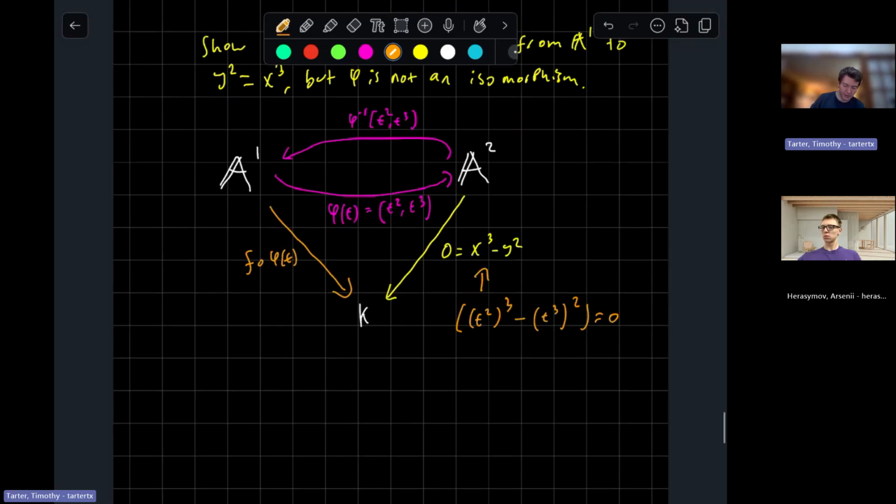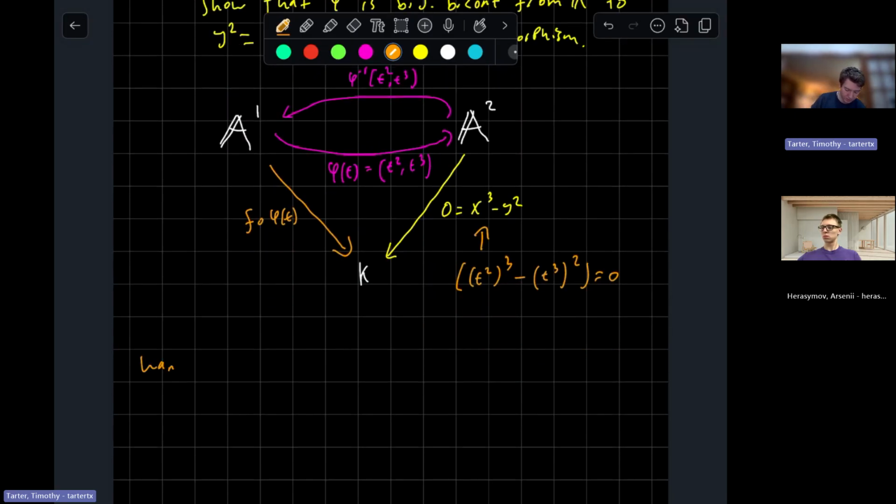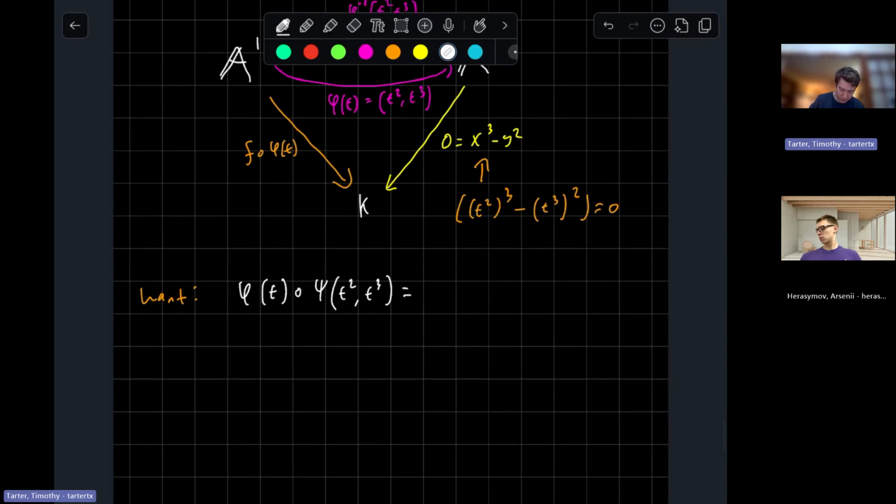But then we want to find this phi inverse where phi of t composed on the left with psi, which will be coming from t squared comma t cubed, is equal to the identity of t on A1.